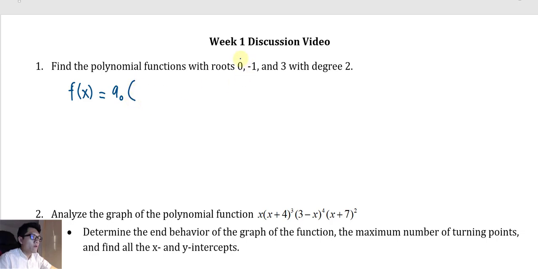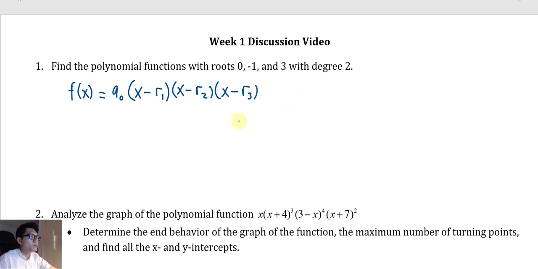Now we have one root here, two roots, three roots, right? So we know that x minus r1, this is root 1, the first root, and then we have the second root, r2, and then the last root, which is r3. If we have more roots, then we just keep multiplying the factors together, going to the right.